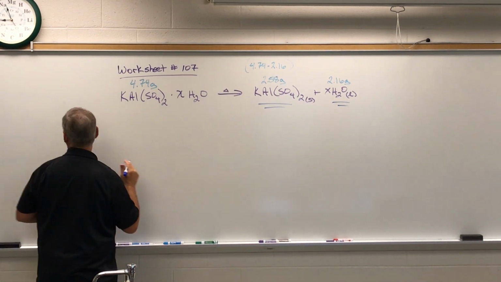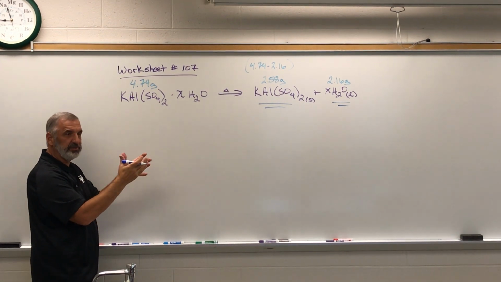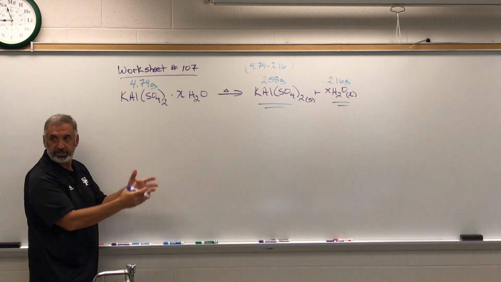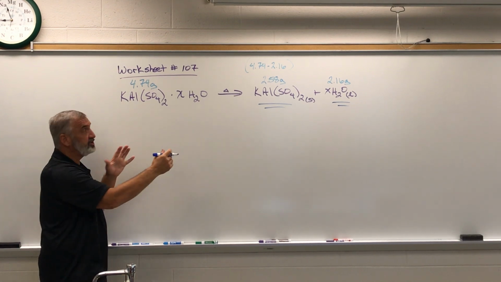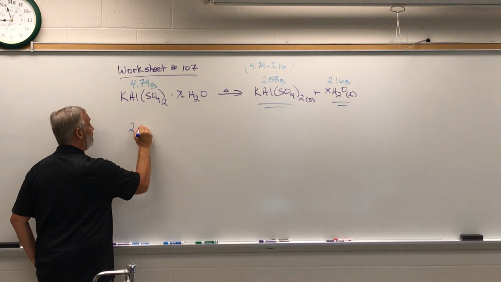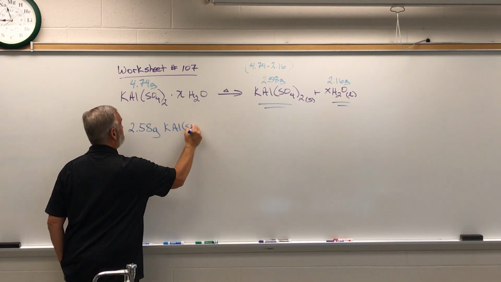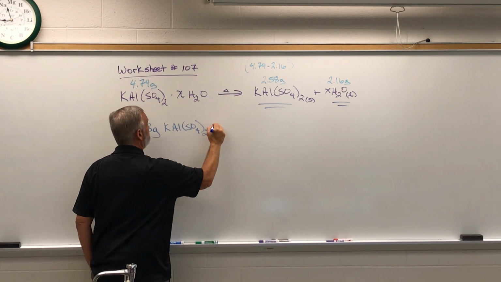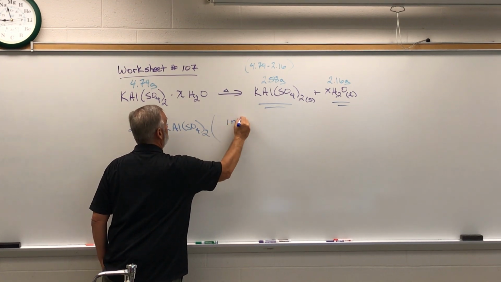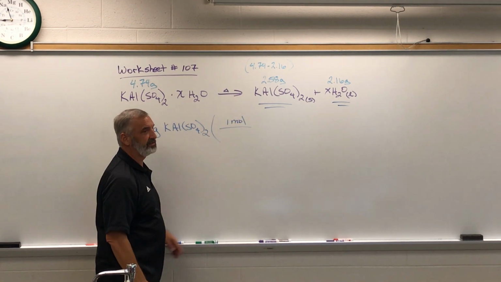So I'm going to go just like we just did on the previous problems, but rather than doing individual elements, we're just going to do the two parts. Change grams to moles. 2.58 grams KAl(SO4)2 times 1 mole over the molar mass.